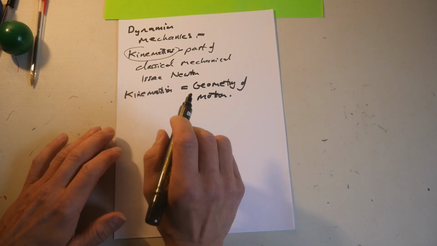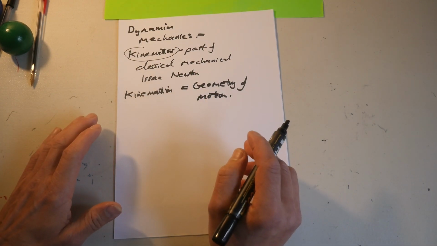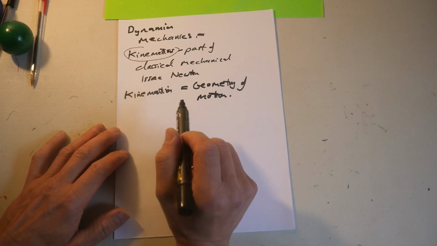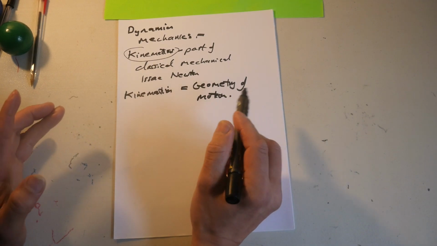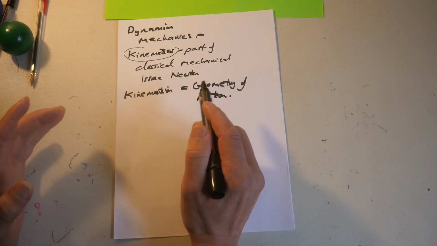So you're looking at the actual geometry of moving objects, but starting with you state the initial conditions.